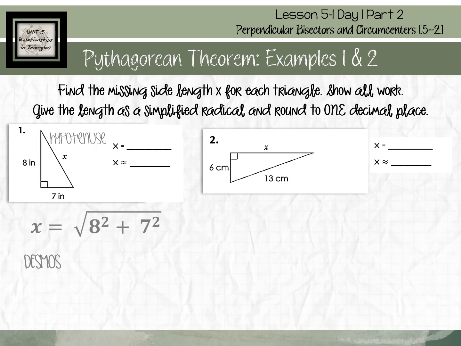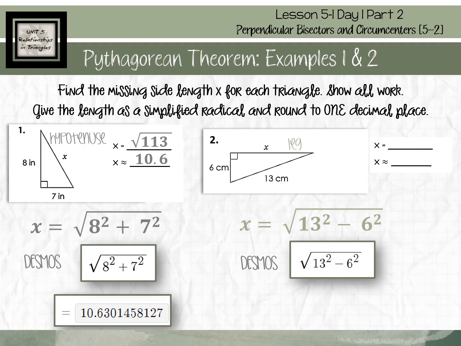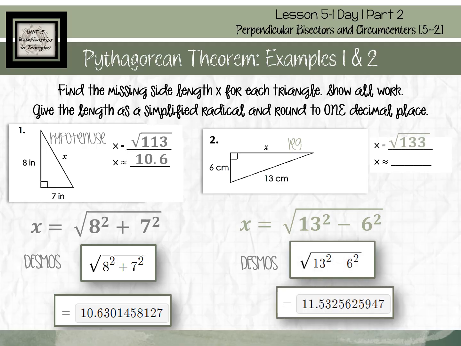We can put that in Desmos, and we get about 10.6. Number 2, we're looking for a leg this time. So now we're going to have to subtract. X is going to be the square root of 13 squared, hypotenuse squared, minus 6 squared, the leg squared. Put it in Desmos, and we get about 11.5.